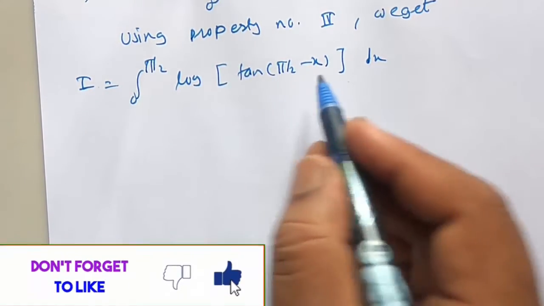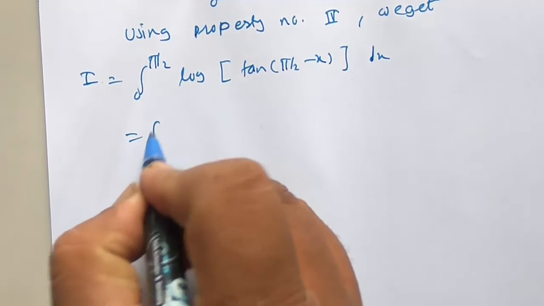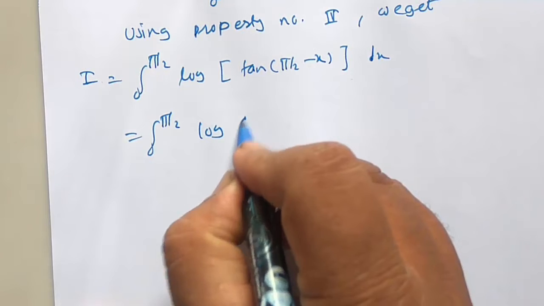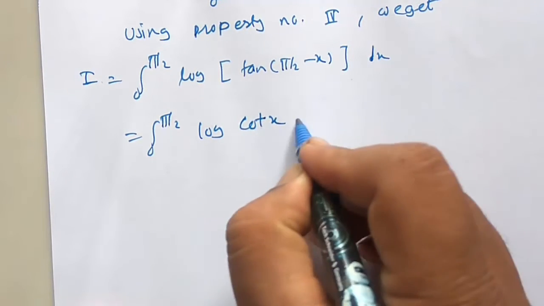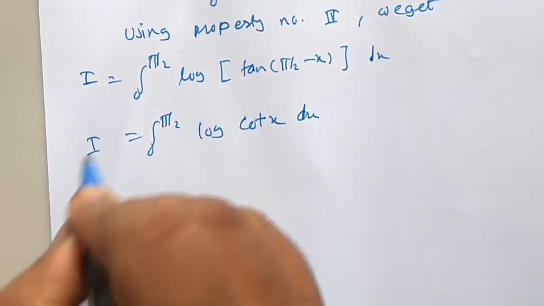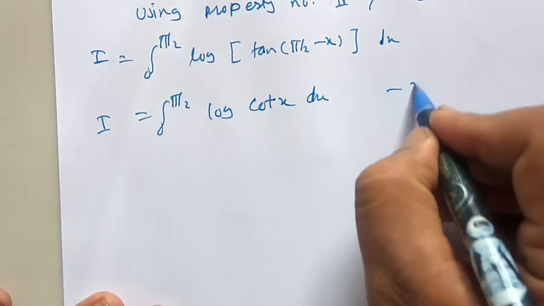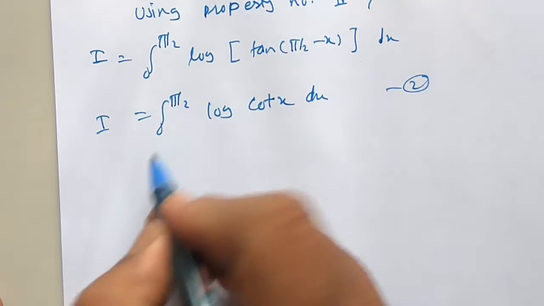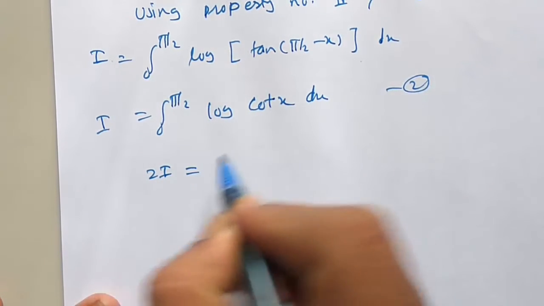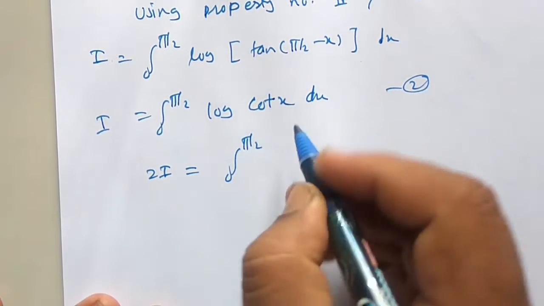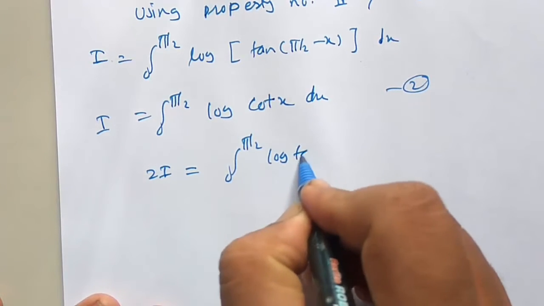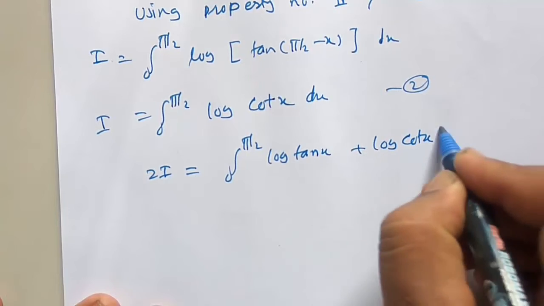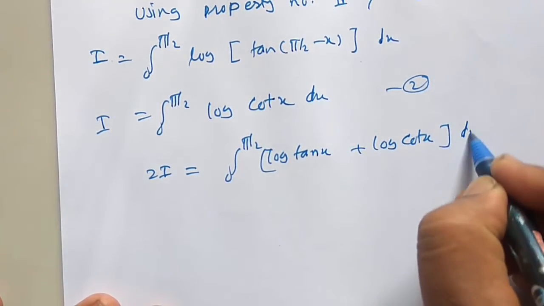Tan of 90 minus theta is cot theta. So this is equal to 0 to pi by 2 log of cot x dx. This is equal to I. So this is number 2. Adding 1 and 2, we get 2I is equal to 0 to pi by 2 log of tan x plus log of cot x dx.